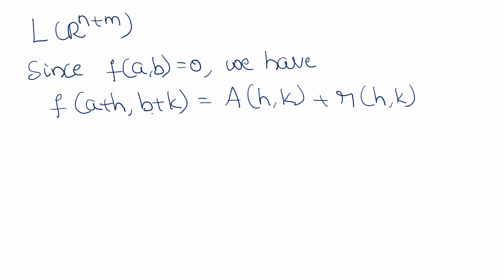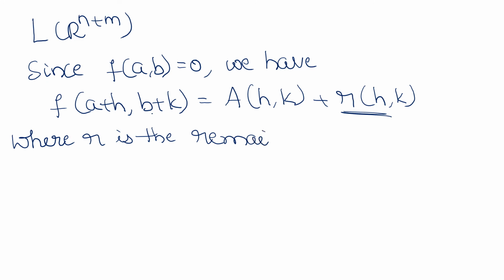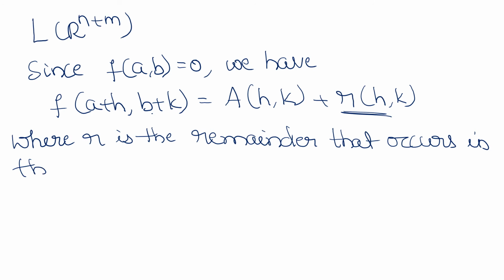When we wrote the definition of f dash as a linear operator, we knew that there was a remainder function. So this is similar to that, where R is the remainder that occurs in the definition of f dash of a.